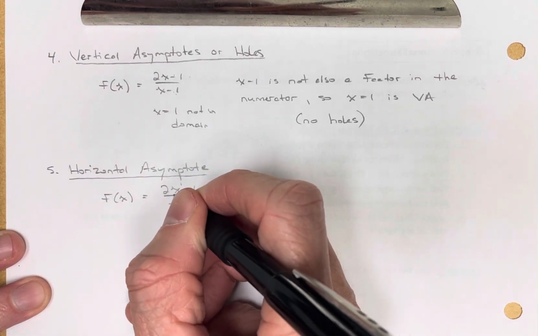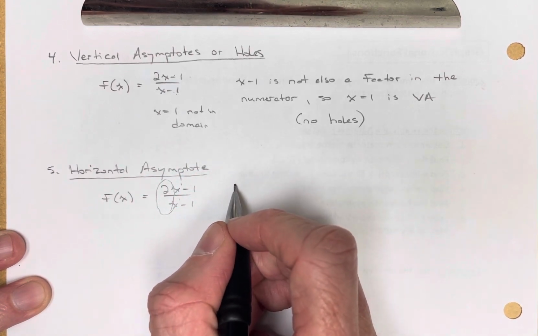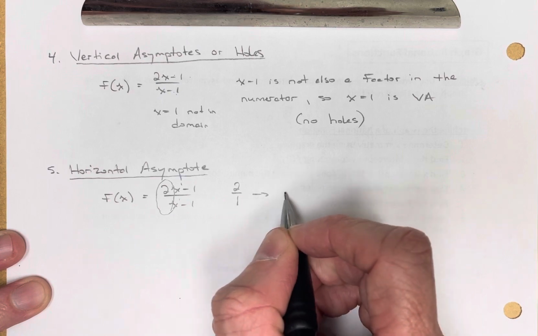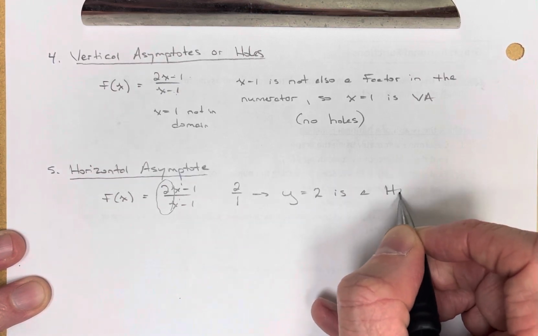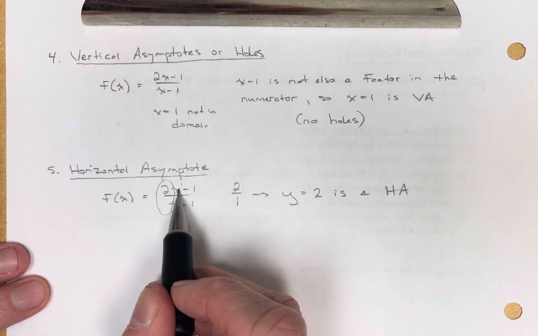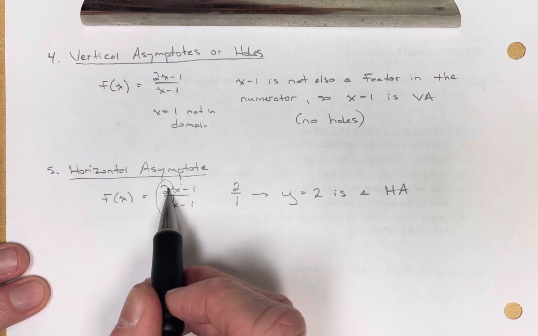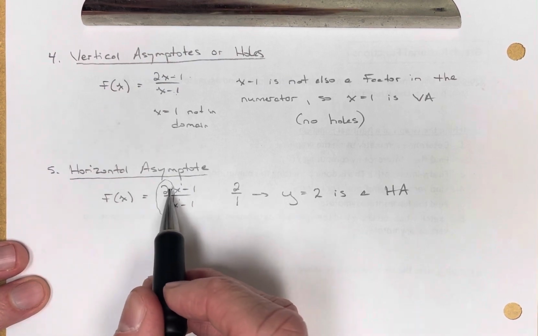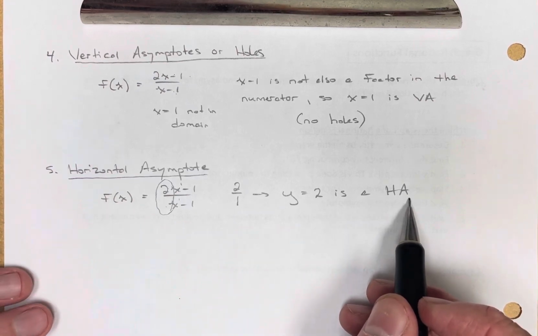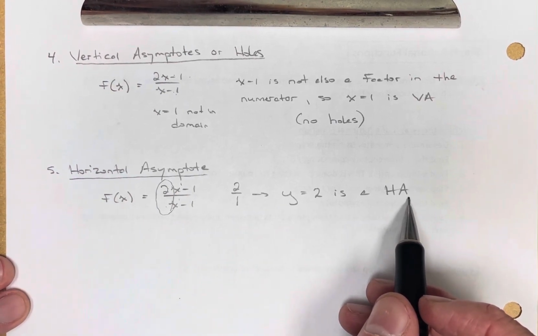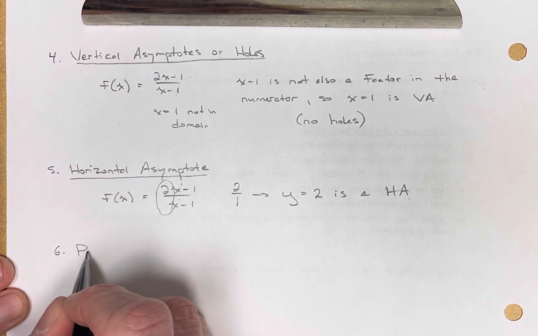So I look at the coefficients, and I have 2 over 1, which means y equals 2 is a horizontal asymptote. Both of these are degree 1, which means my coefficients give me my horizontal asymptote if I have one. Step 6, let's pull it all together. Pick some points as necessary.